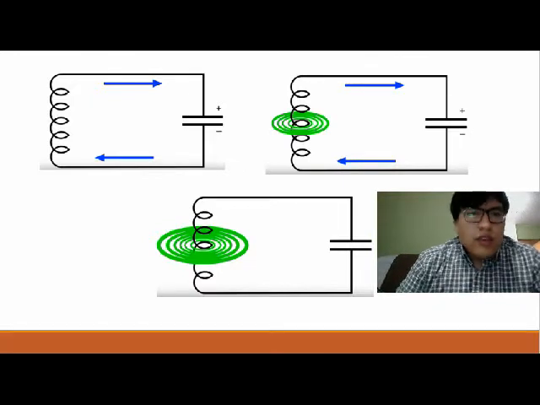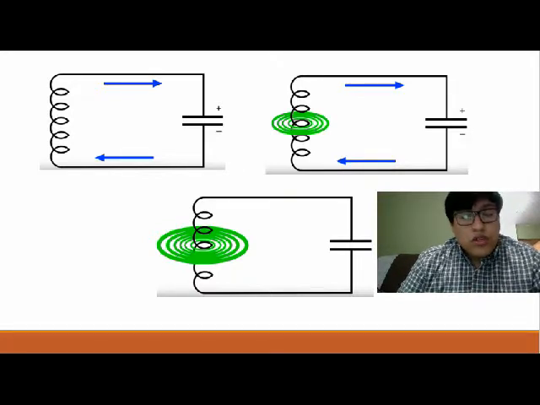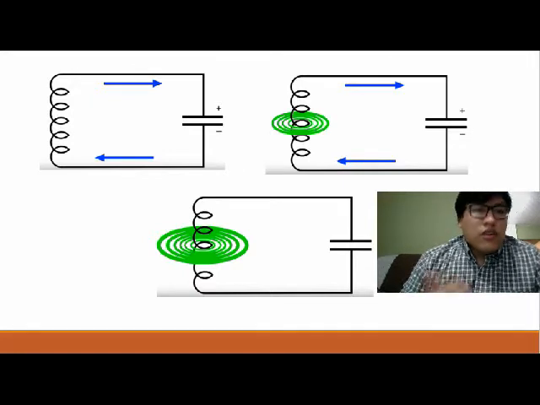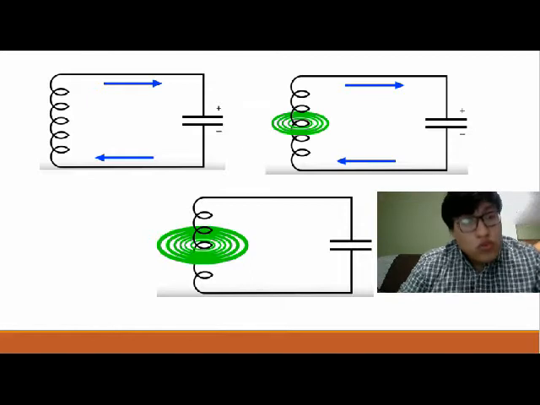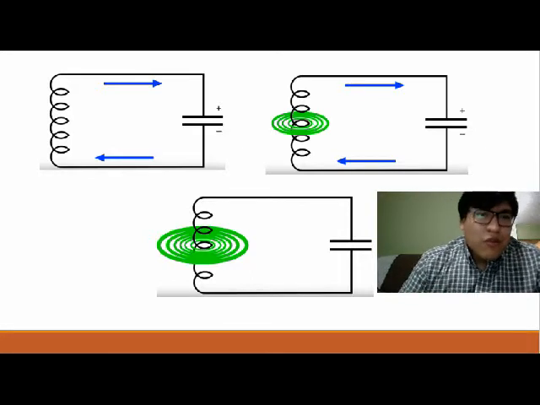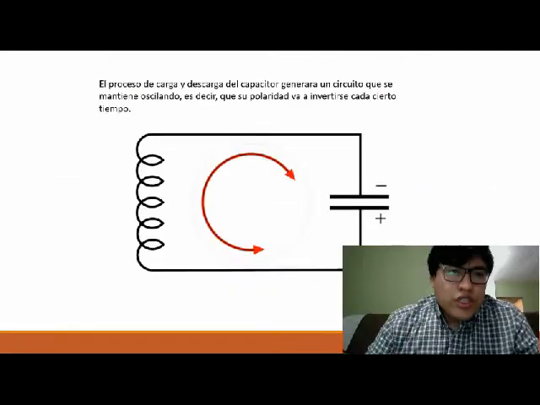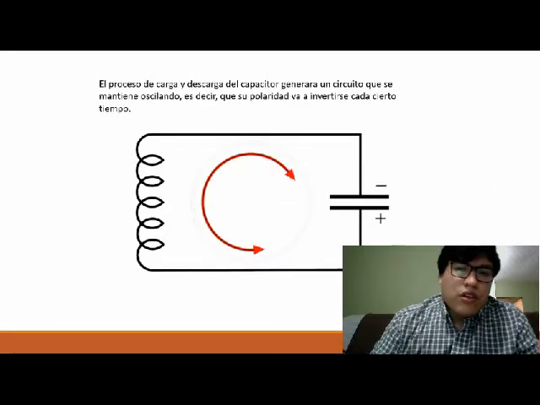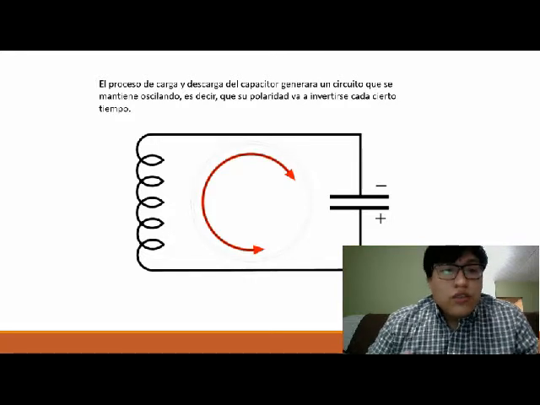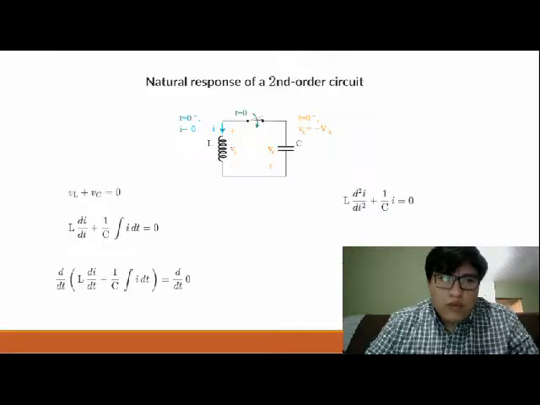And again, this magnetic field is going to keep growing until the capacitor is done discharging, and then it's going to collapse and discharge to the capacitor in the opposite polarity, charging the capacitor in a different polarity. So it's going to keep flipping every single time this process repeats.